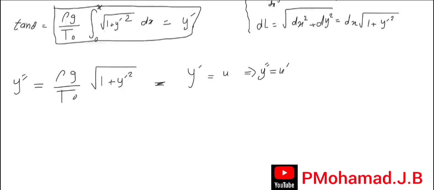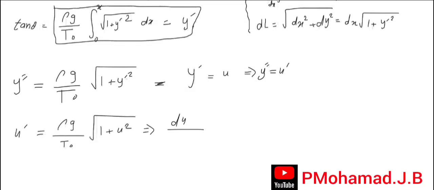If we replace these, we will have u prime equal to rho g divided by T0 times radical 1 plus u squared, and we can write it like this: du over radical 1 plus u squared is equal to rho g divided by T0 dx.